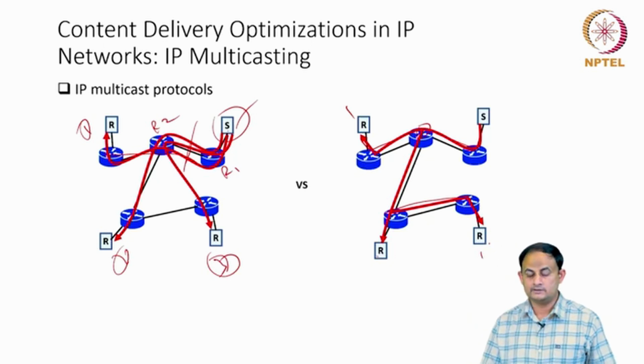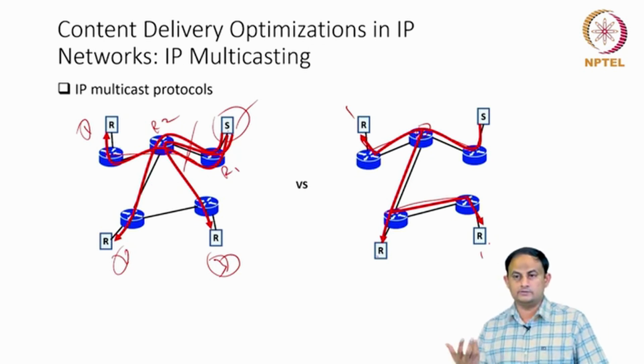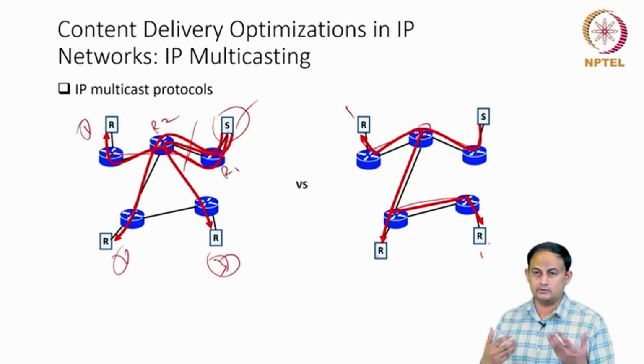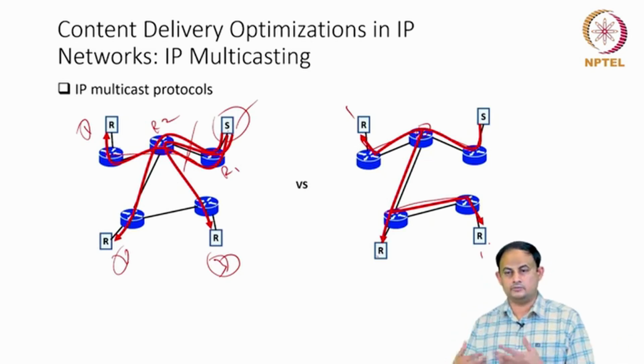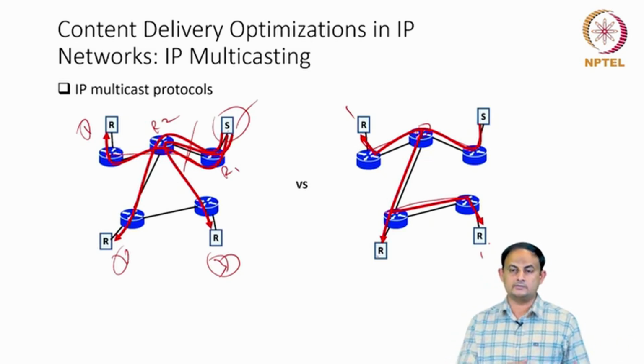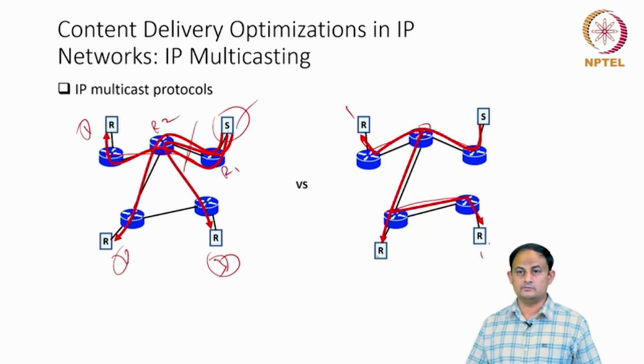So, we have built group management protocols, where the routers are aware and the end users can dynamically request to be part of a certain group or not, and the routers will manage when the user is active, when he is asking for transmission, and when he is not asking for the transmission. This is called multicasting.